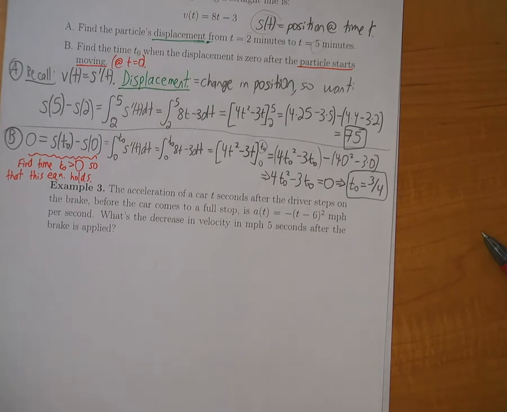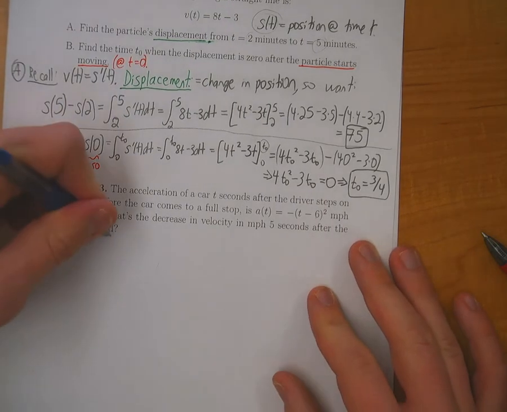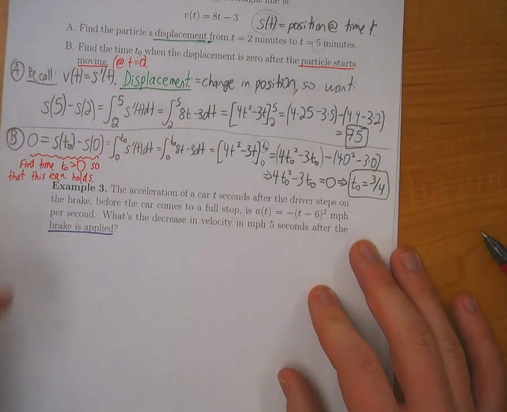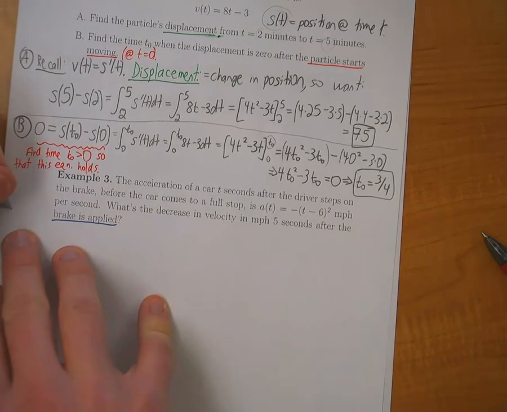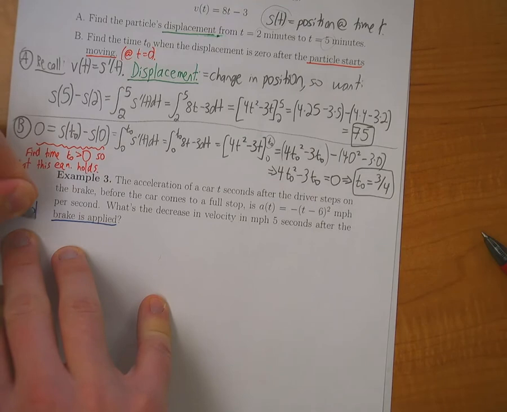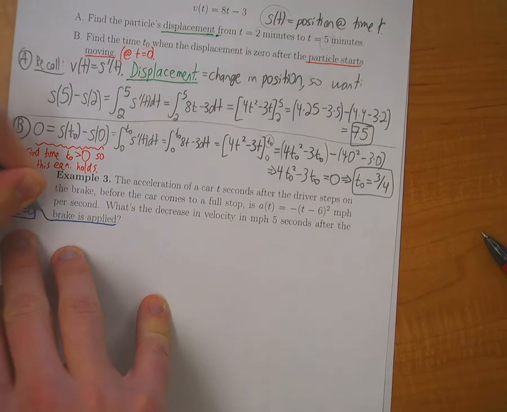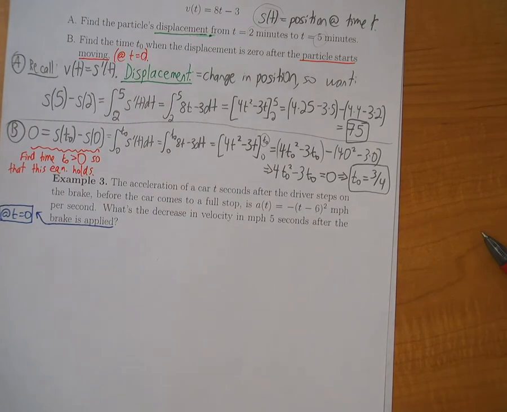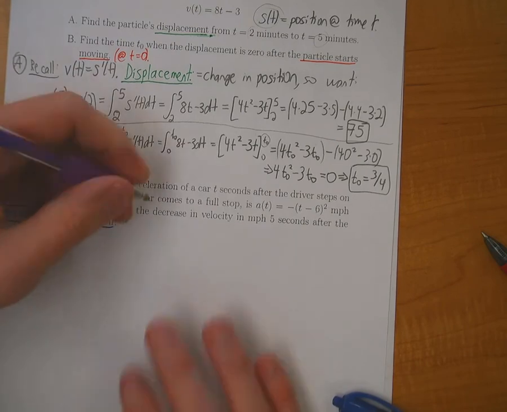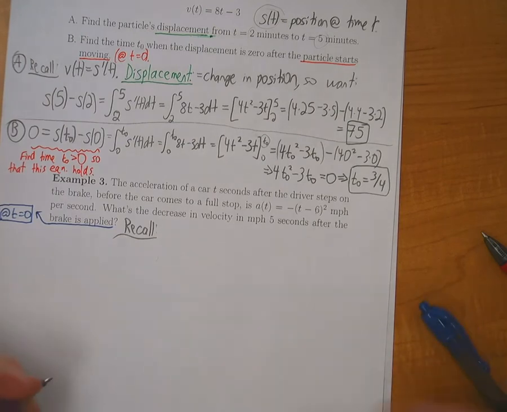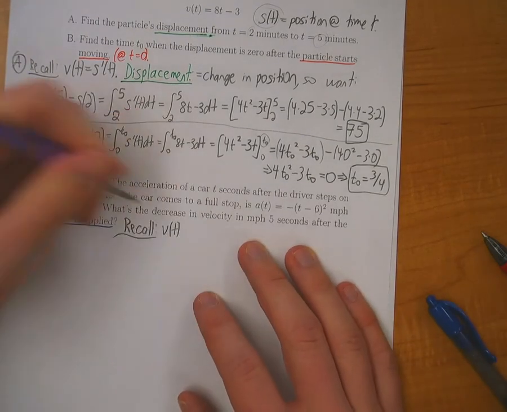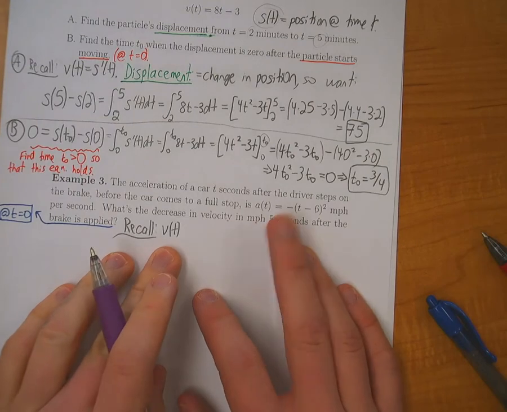Before we get into the nitty-gritty of this problem, one thing I should mention is that this brake is applied phrase, you can assume to mean that the brake is applied at time t equals 0. Another thing to keep in mind is, recall that if we have the velocity function, what do we have to do with this to get the acceleration function?